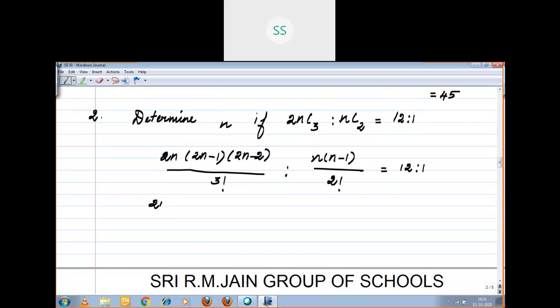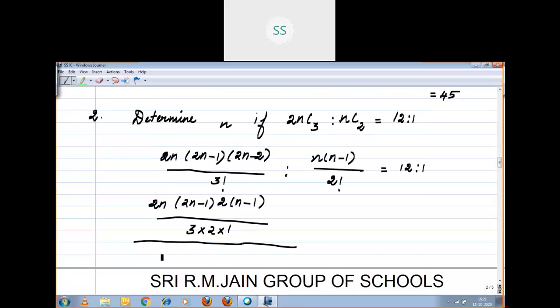Now 2n, 2n minus 1, 2n minus 2. Here you have to take 2 as common, 2 into n minus 1, divided by 3 into 2 into 1, the whole thing divided by n into n minus 1 divided by 2 into 1.